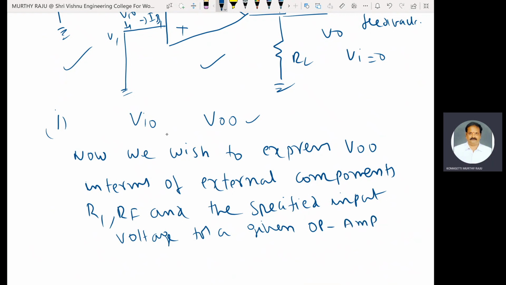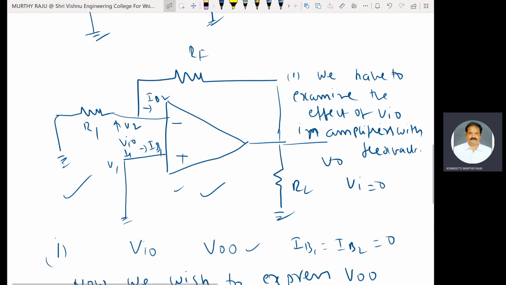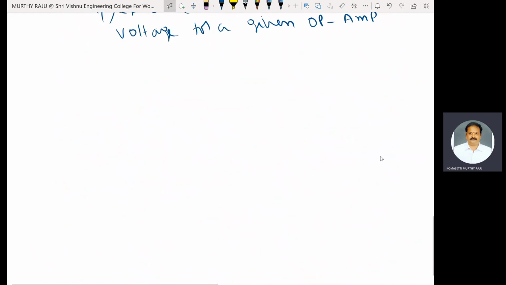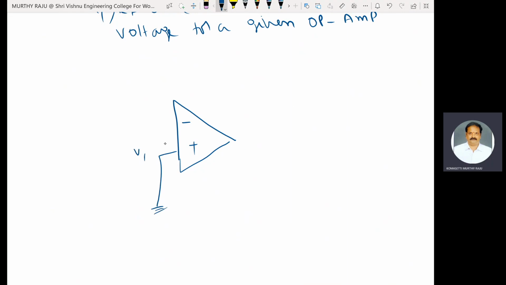VI is there at the input side, and IB1 is equal to IB2 is equal to 0. Therefore, reduce this diagram to another diagram. This is the configuration: minus, plus. The non-inverting terminal is connected to ground. This one is V1.